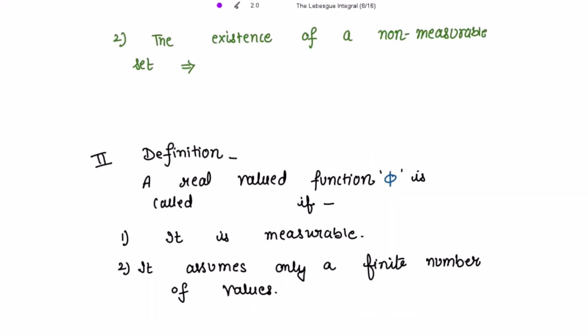And second, the existence of a non-measurable set implies the existence of a non-measurable function.